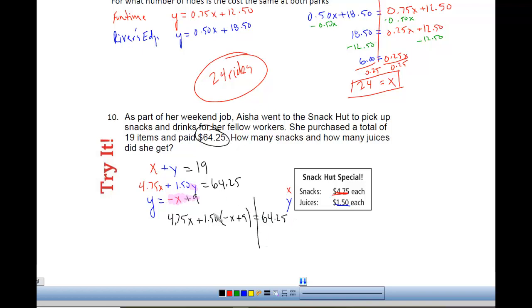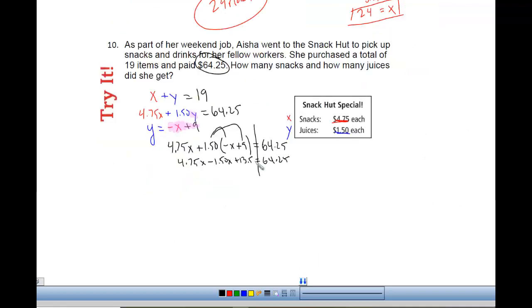Okay, so we got a little work to do, so we'll go ahead and distribute that through. So I got 4.75x minus 1.50x, and then 1.50 times 9, so that's going to be 9, and then another 4.50, so that's 13.50. And that equals 64.25.